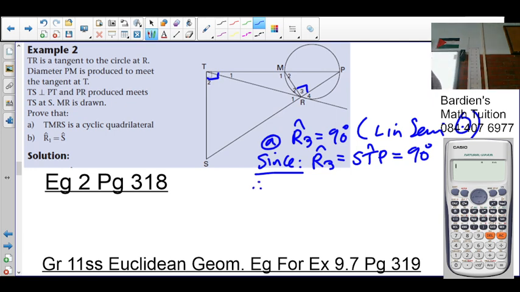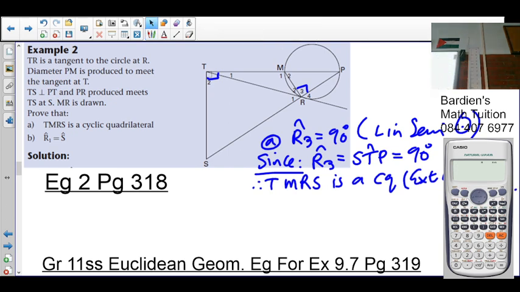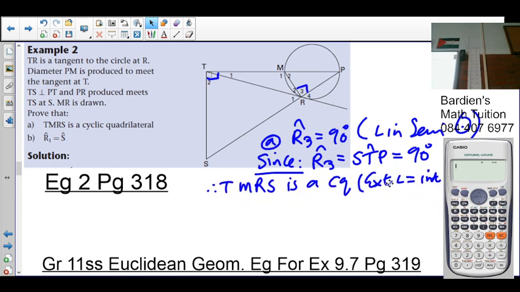Therefore, TMRS is a cyclic quad. Why? Exterior angle equal to the interior opposite. Or you heard somebody saying converse of exterior angle of cyclic quad equals the interior opposite angle. Also acceptable. Do you guys understand?